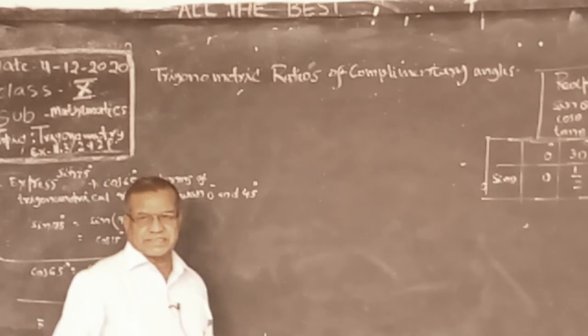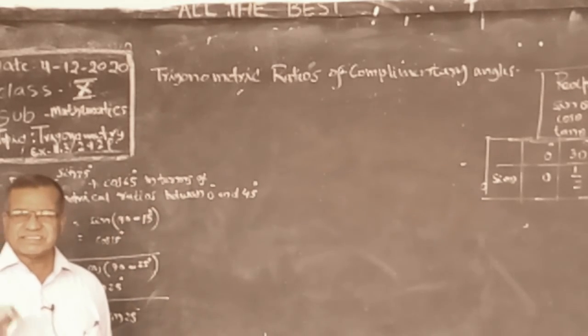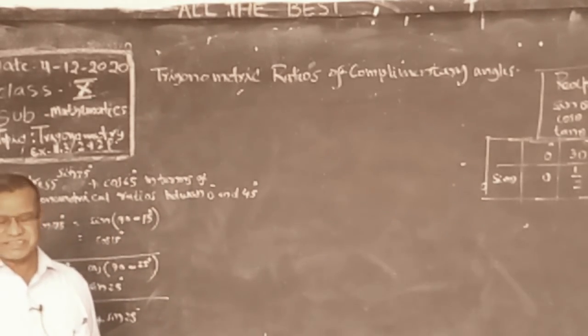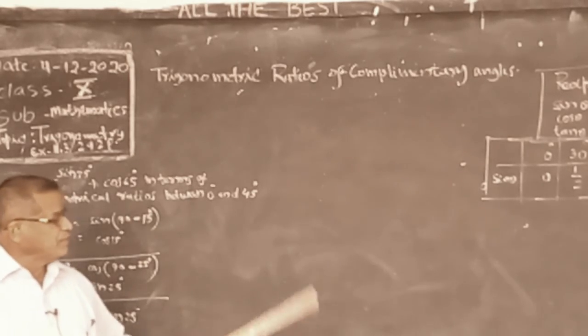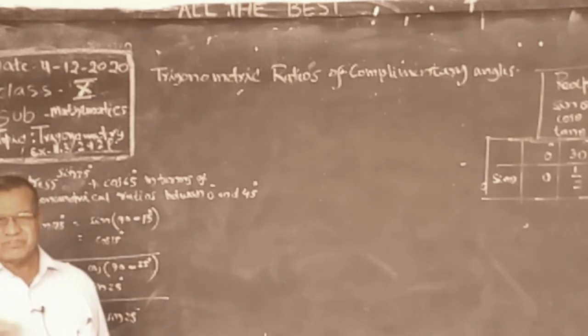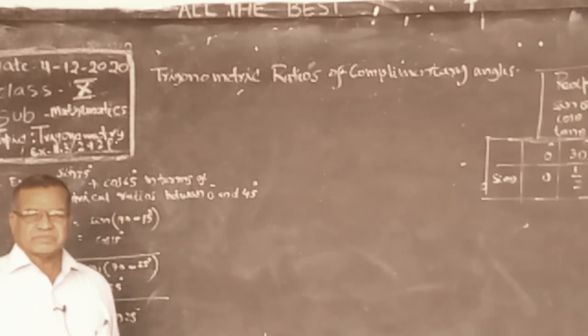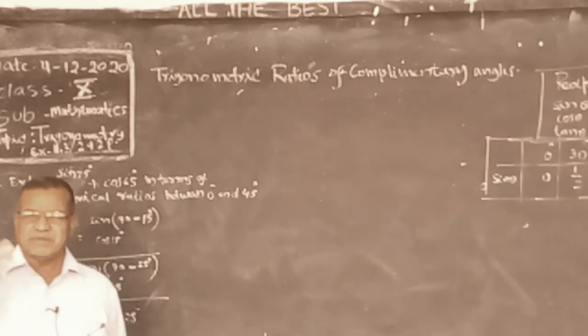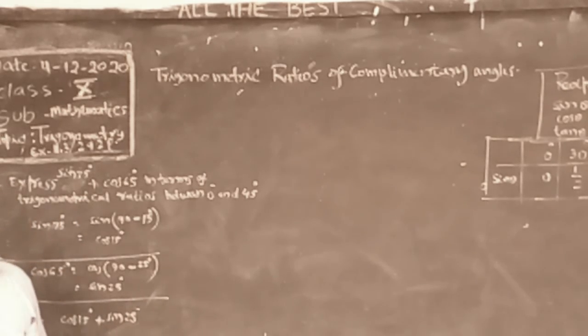Like that you practice. Sin 30 degrees is the same as cos 60 degrees. Sin 30 value is 1 by 2, cos 60 is 1 by 2. Like that, tan 30 is the same as cot 60.